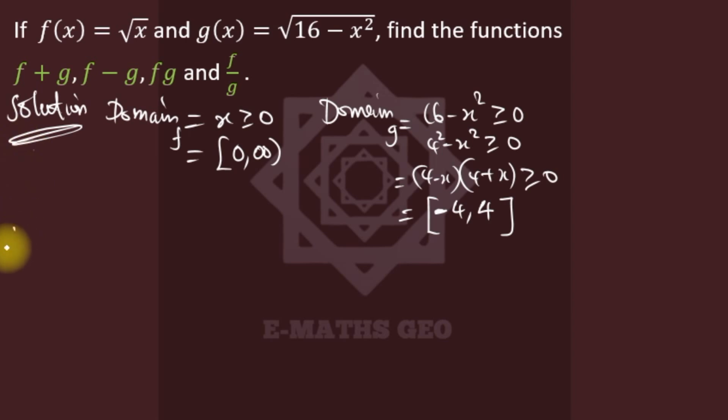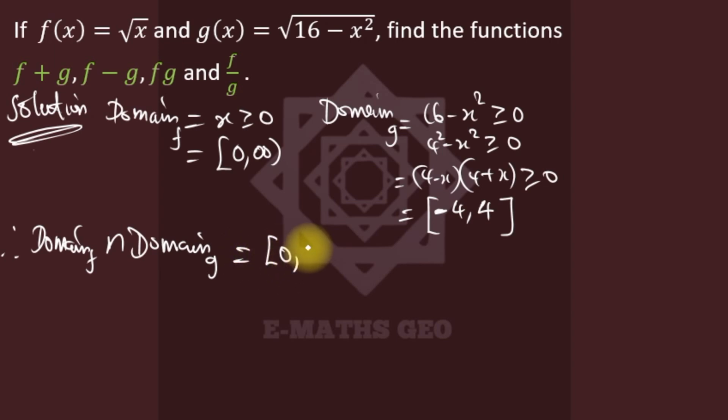Therefore, let's get the domain of f intersection domain of g. Which is from 0 to infinity, that's greater than or equal to 0, intersection this. So what do you think? Point of intersection, this is from 0 up.